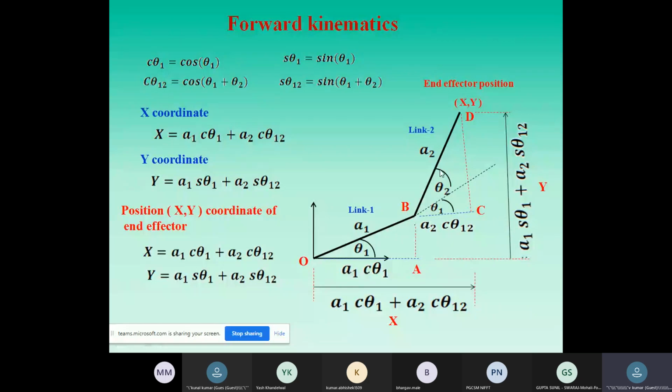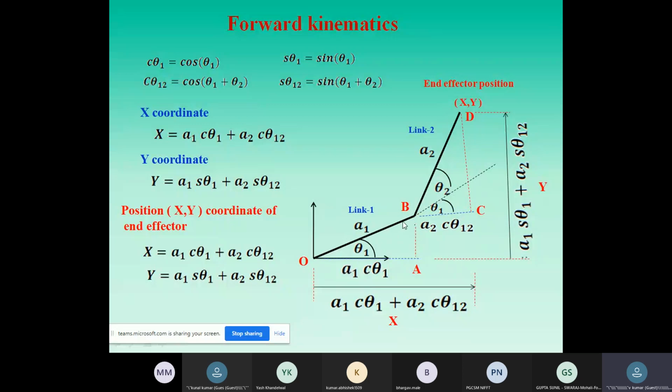This is equal to theta 1 plus theta 2. Any problem? So we have to find the position x and y. First we find the x coordinate and then the y coordinate. For the x coordinate calculation, what do you have to find?